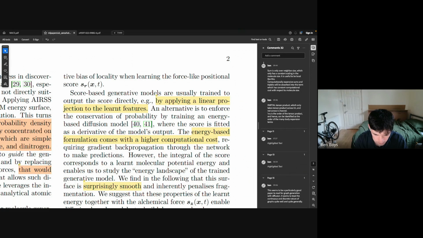Let's have a look. Baseline model. You know what? It could be a global model actually. Because there's not much mention of message passing here, but I'd have to go and read the paper.